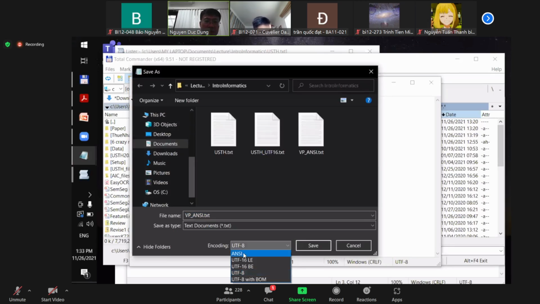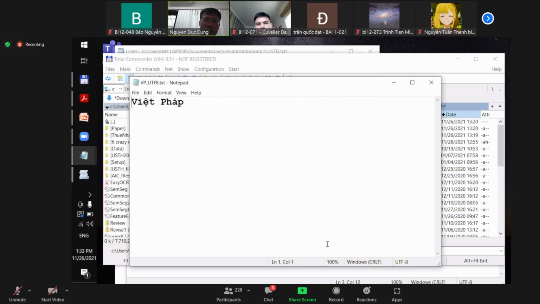Previously I used UTF-8, so I try to rewrite it and rename it UTF-8. The program automatically recommends the name VP UTF-8. And when I save my text file in the UTF-8 format, the program does not give me any warning.